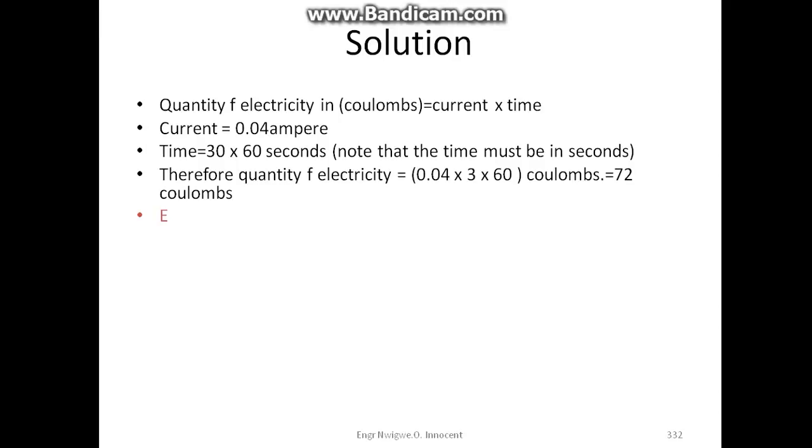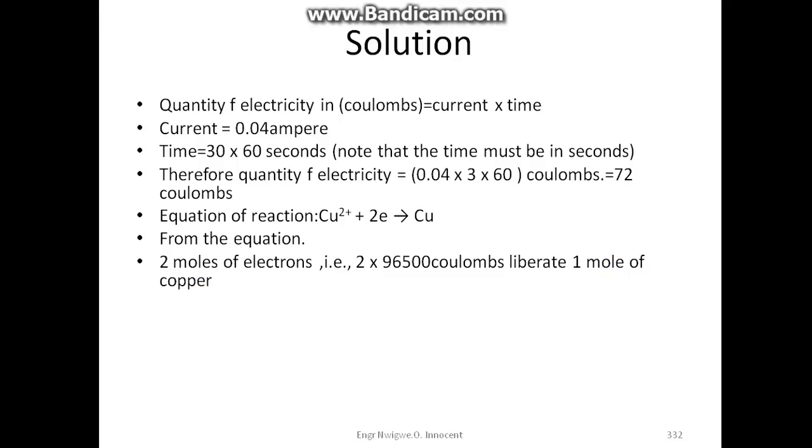Equation of the reaction. Copper having 2 positive valency will absorb 2 electrons to form neutral copper. From the equation, 2 moles of electron react, that is 2 times 96,500 coulombs, to liberate 1 mole of copper. Therefore, 72 coulombs will be 1 over 2 times 96,500 times 72 over 1 mole of copper.